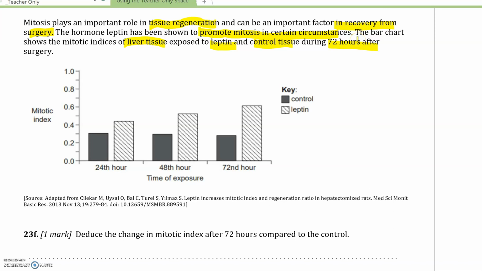Okay, so if you look at this, you can see a higher mitotic index will indicate more cell division. And in all of these, leptin is giving a higher mitotic index. So the control group, the dark bars, they remain basically the same, whereas the leptin ones increase over time.